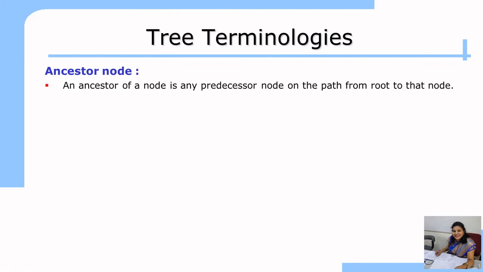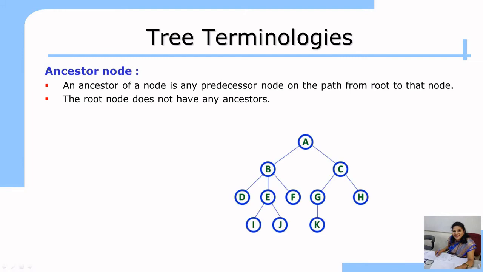Next concept is the ancestor node. An ancestor node is any predecessor, meaning previous node, on the path from root to that node. The root node does not have any ancestor node because root node is the first node. For example, if you want to find the ancestor nodes of J, from J you have to reach the root node.